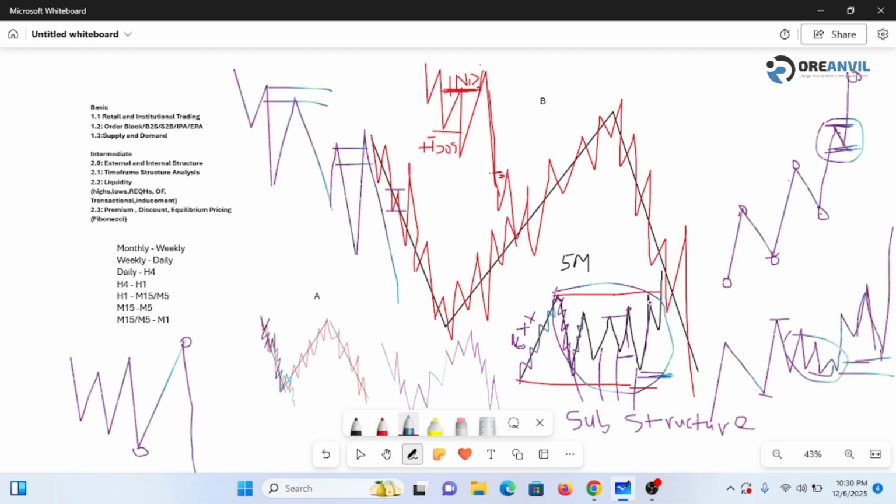So I'll be picking my trade based on this substructure, although I still need to follow the rules, looking for the liquidity grab. That is looking at my 1 minute before I pick the trade. I just hope this is not too complicated, but we are getting there.